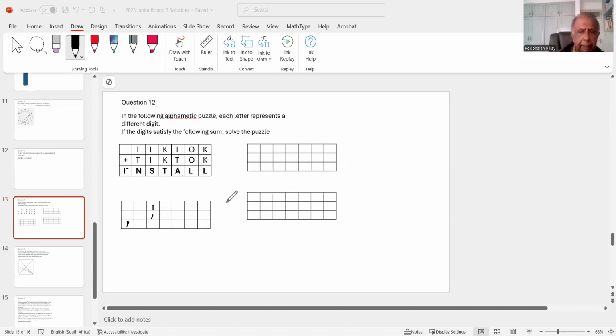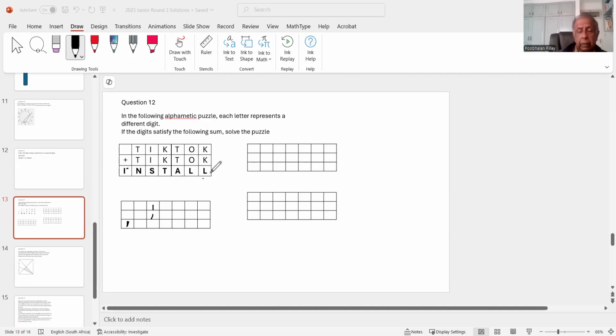So now you have to start thinking. If you look at this carefully, you see you've got a double L here. Also, you've got K plus K here. You've got the same thing added to get an L here.